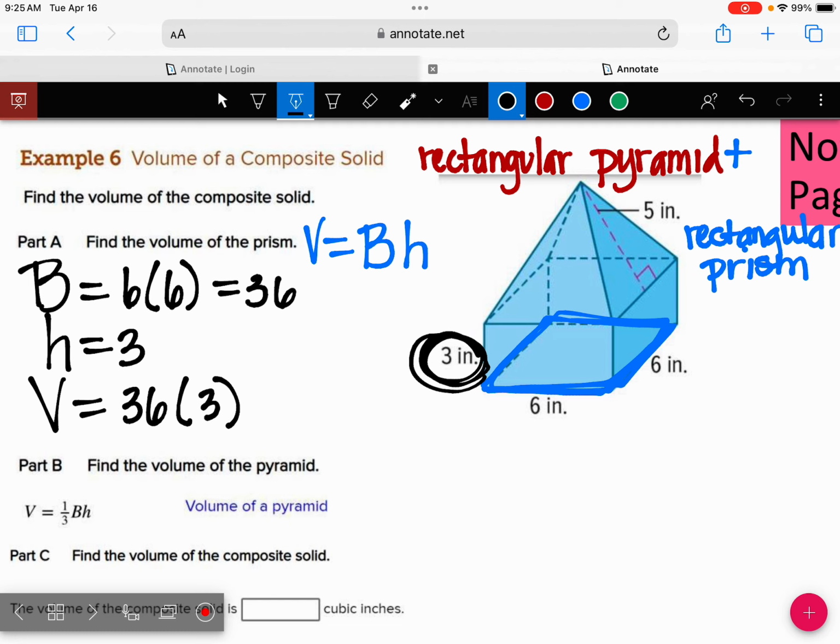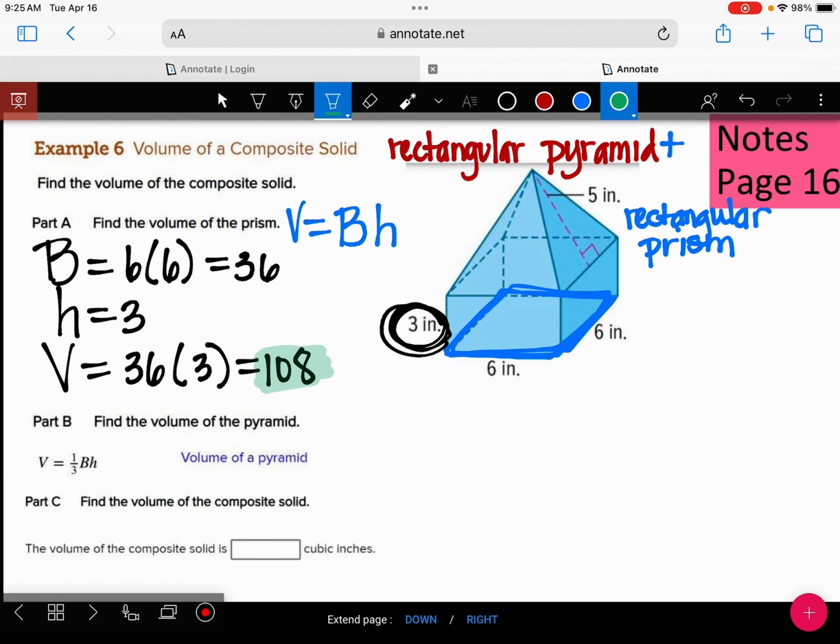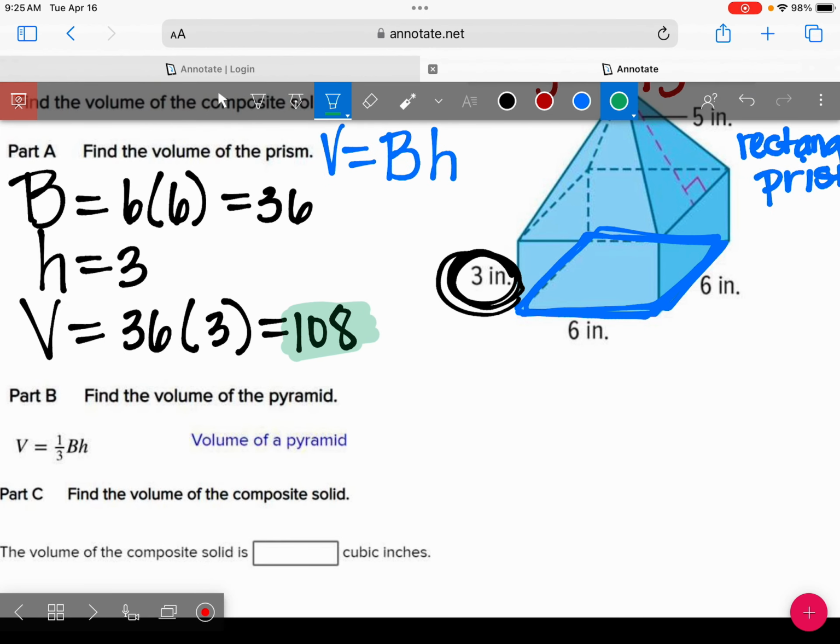And what do you get? What's 36 times 3? 108. You should have 108. Okay, so we're going to leave that number to the side because in a minute I'm going to add that to something. For this pyramid, here's your formula for volume of a pyramid. The B that you use for the volume of the pyramid is the same as the volume of the prism. So my B value, the area of the base for my pyramid, is still 36.